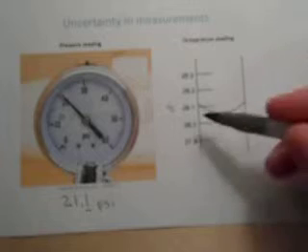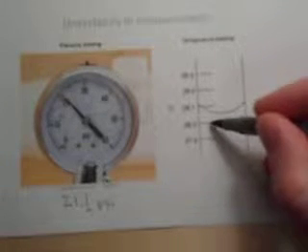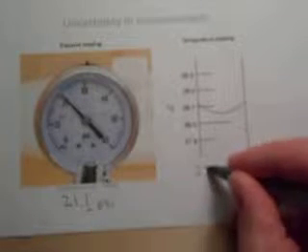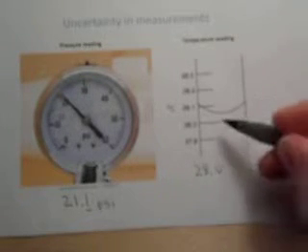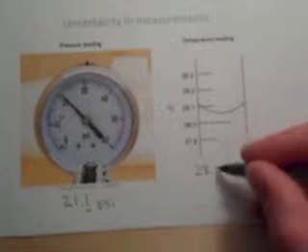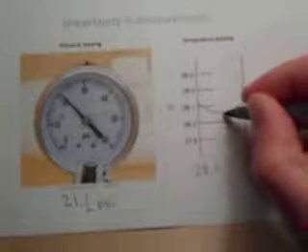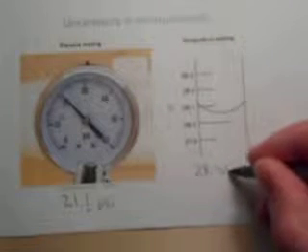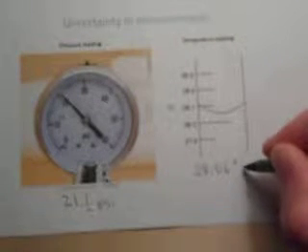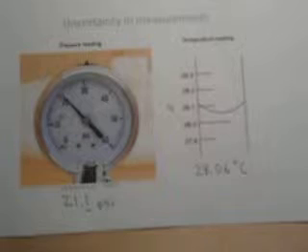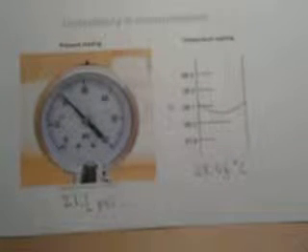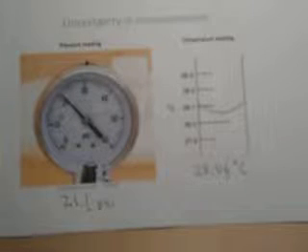Likewise with our temperature reading, it goes between 28 and 28.1, so we're sure that it's 28.0, and then we approximate the uncertain digit and call this, say, 6/10 of the way between 0.0 and 0.1. Say 28.06 degrees Celsius. So always getting all our certain digits and our last uncertain one. That's how we deal with all measured quantities.